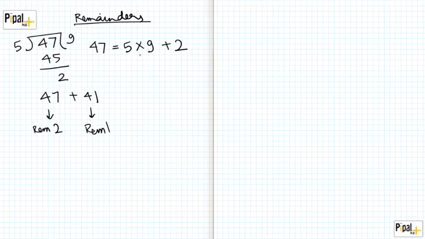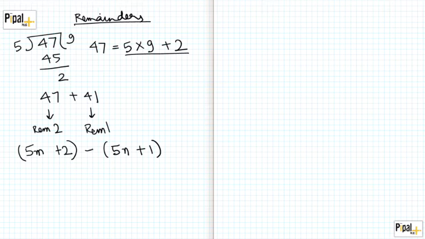So generally speaking, taking a cue from this, I can write 47 as a multiple of 5 plus the remainder. Likewise, 41 I can write as another multiple of 5 plus the remainder.